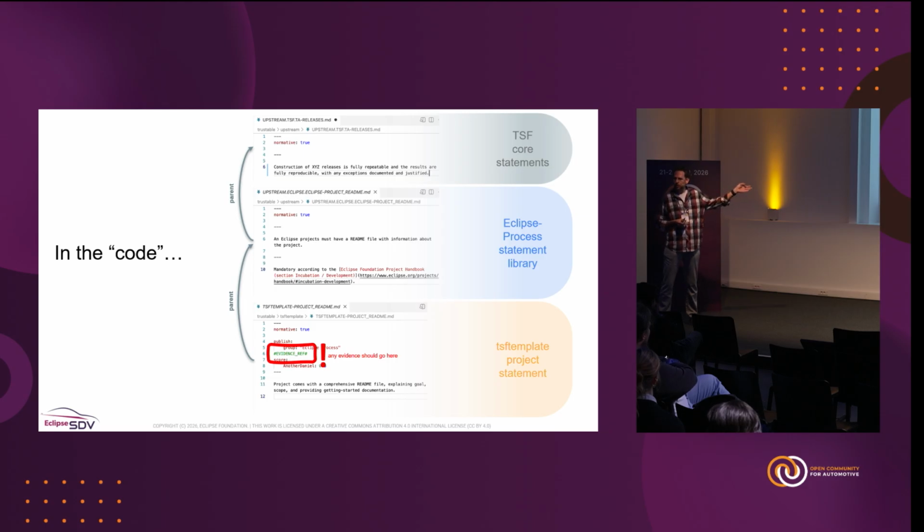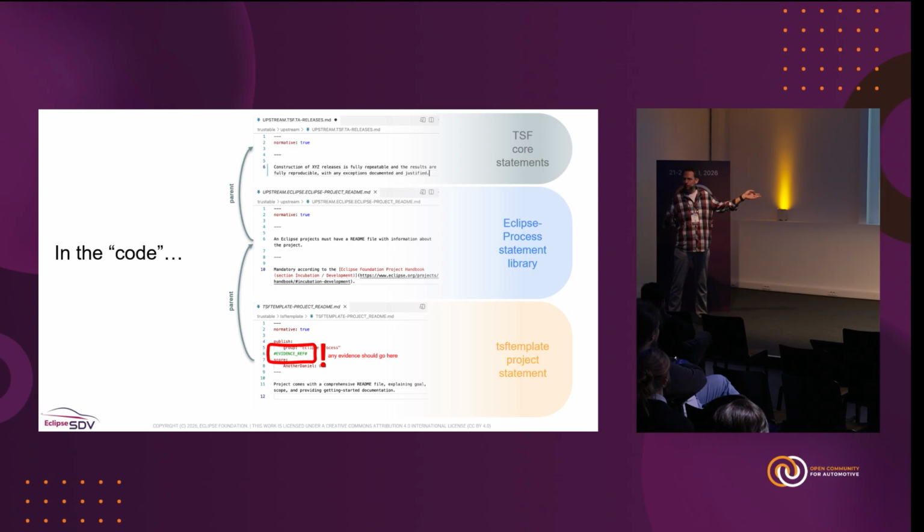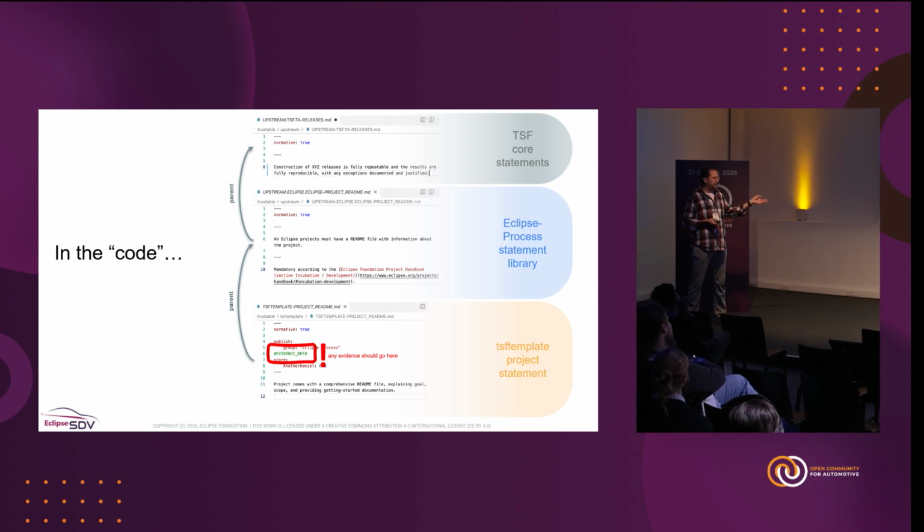You can put a reference to a file or something in there, in a certain syntax that's defined by TSF. And then, when you score your tree and create the report, that evidence will be looked at and inform the score. That's the place where this kind of evidence should go.